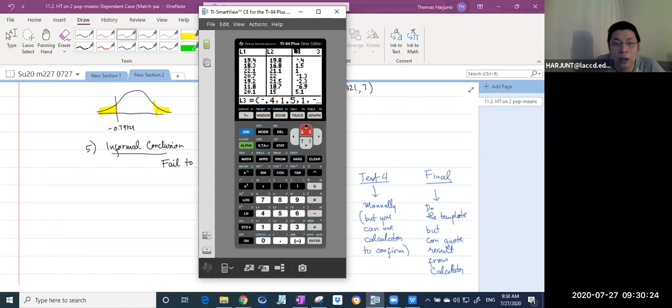What I did here is I subtract L1 minus L2. Now, if you have an error, very likely it is because the number of data in the first list and the number of data in your second list are not the same. It could be the case.